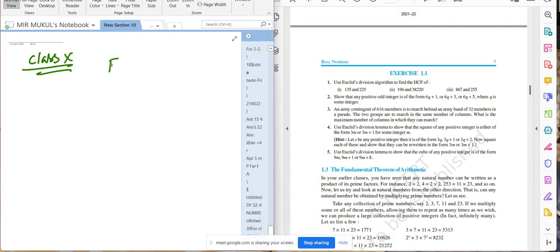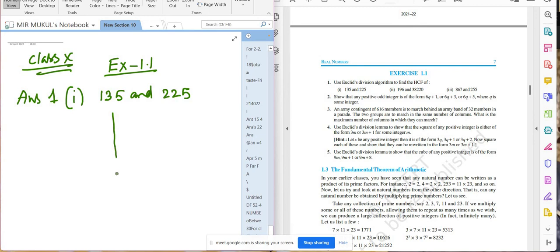So class 9 and 10 both will start with 1.1. First question, you have to find the HCF of 135 and 225. Just check how you have to write that answer.